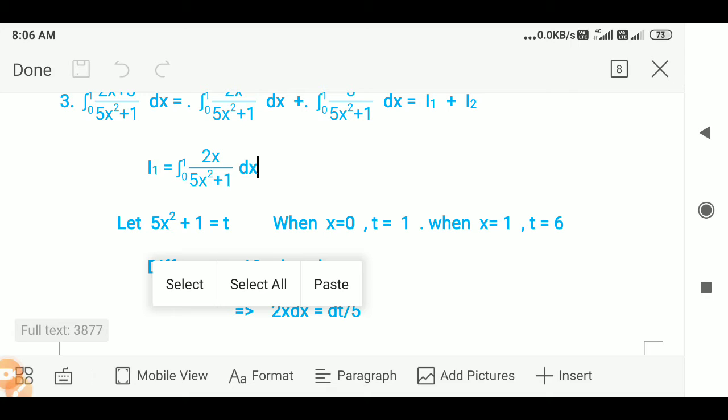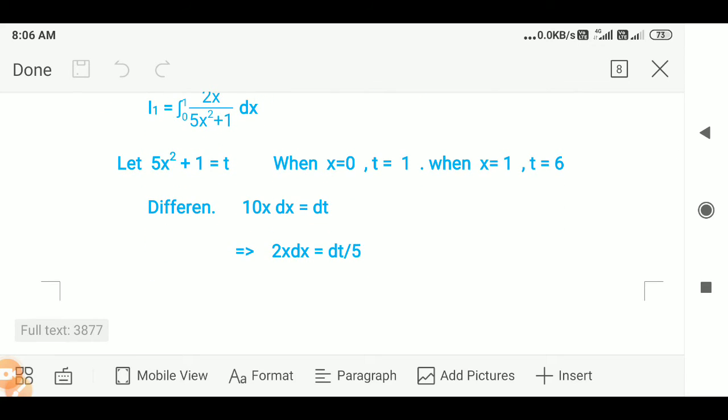In this case we put 5x square + 1 equal to t. So we differentiate it: 10x dx is dt. You have 2x dx there, so 2x dx is equal to dt by 2. Also we have to change the limits, because 0 to 1 is the limit of x.